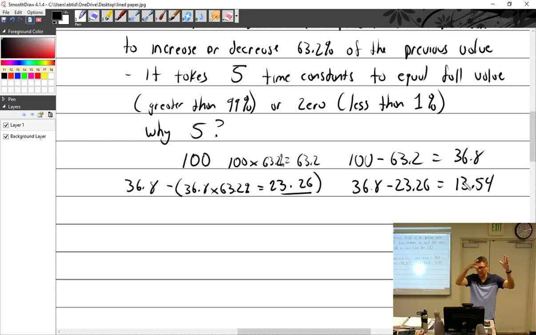It went from 100 to 36.8 to 13.54. But notice how it's not linear, really. It's a lot, and then little by little.